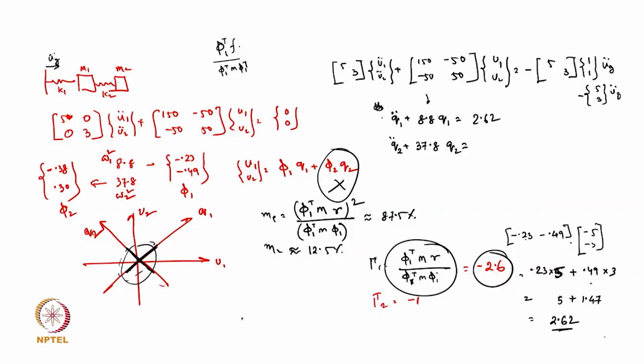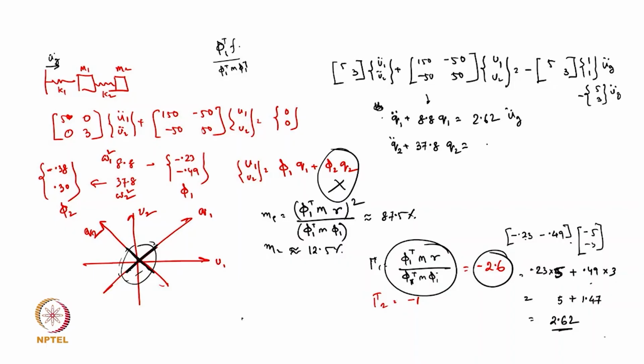So that means whatever is the modal participation factor, modal participation, not mass participation, modal participation factor is coming, that is telling phi transpose F divided by, and that is the definition of it. So it must be equal, why not, with UG double dot. Perfect. And the next one will be how much?